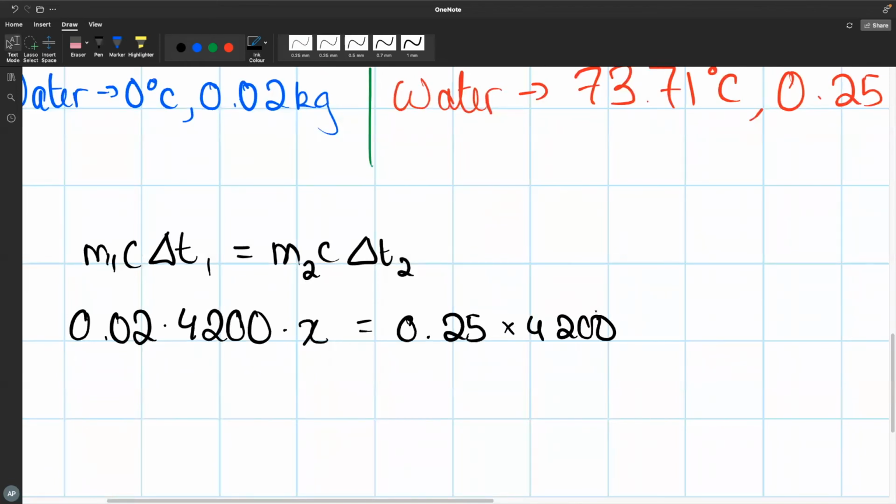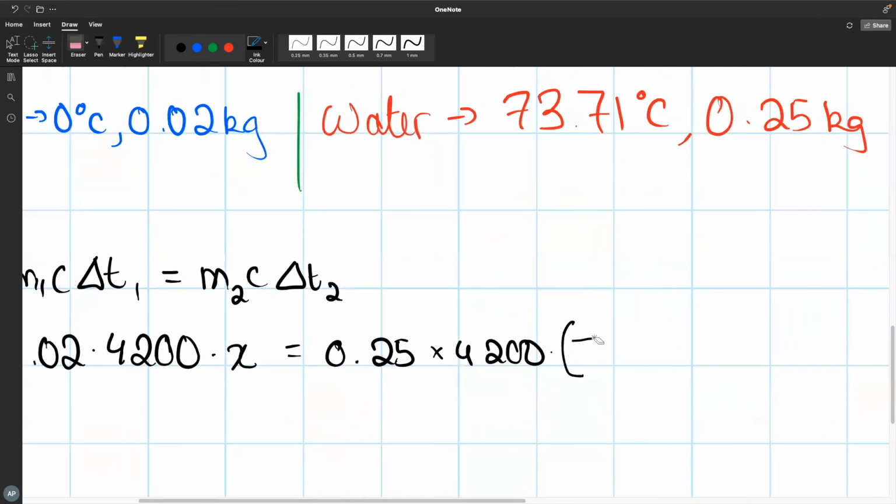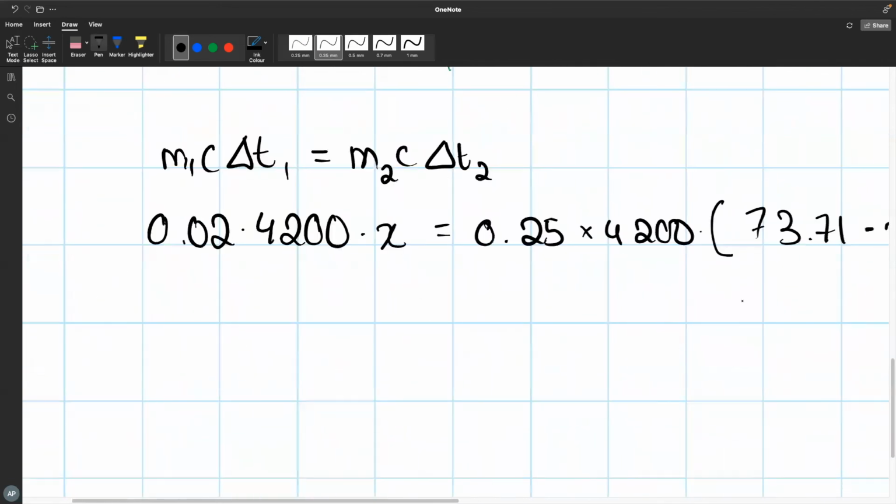Now, again, we do not know the final temperature of water. However, we do know that if this component of water increases by x degrees Celsius, this must decrease by x. Now T here refers to the temperature inside, so we can directly write 73.71 minus x.